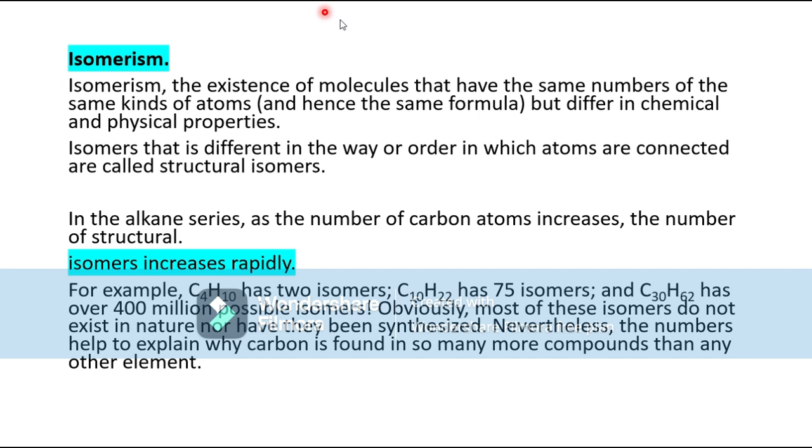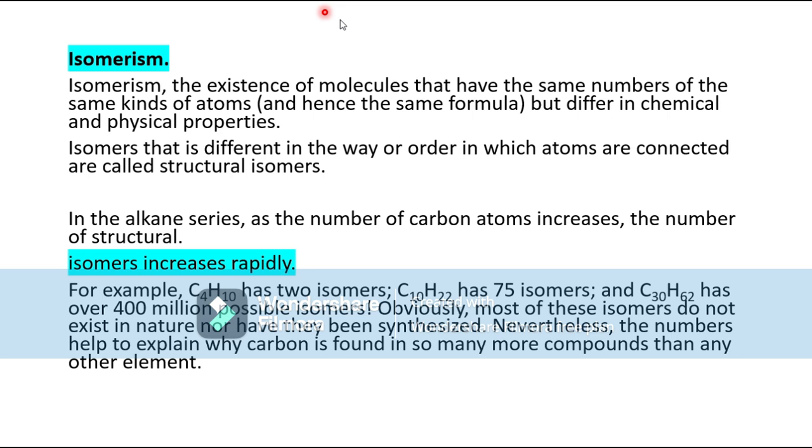In the alkane series, as the number of carbon atoms increases, the number of structural isomers also increases rapidly. For example, C4H10, which is butane, has 2 isomers, C10H22 has 75 isomers, and C30H64 has over 4 million possible isomers.